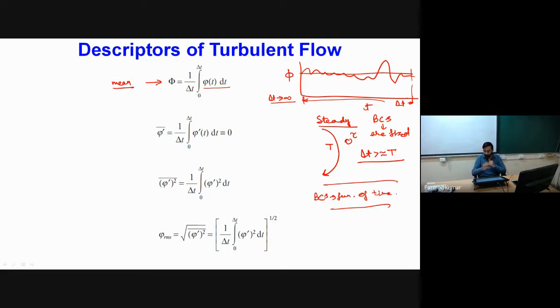Though we have some fluctuation, we will not be able to distinguish whether that fluctuation is because of the turbulence or because of changes in the boundary conditions. That is very difficult to characterize, so resolving unsteady flow situations is even more complex.